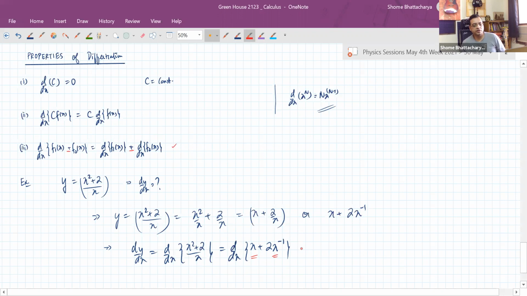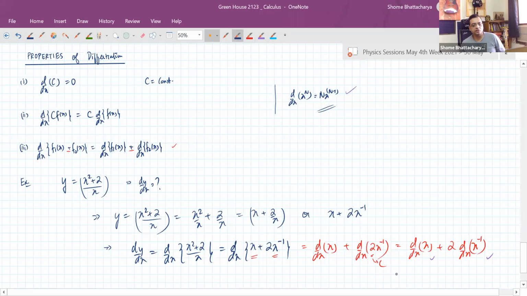This will be written as differentiation of the first function x plus differentiation of the second function. Now further we can see that this here is a constant, so you can bring that outside. So further this will become differentiation of x plus 2 times differentiation of x to the power minus 1. Now you can see that each of these terms is of this type, so we can use this formula here as well as here.